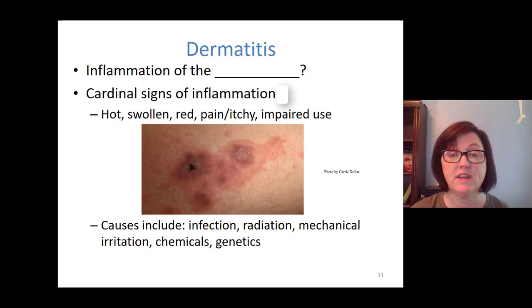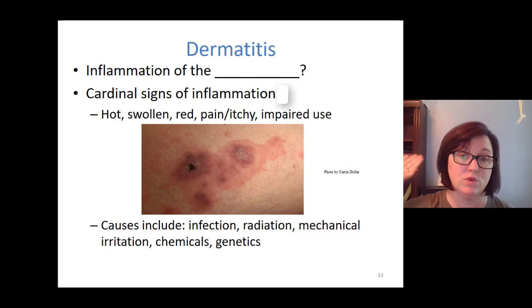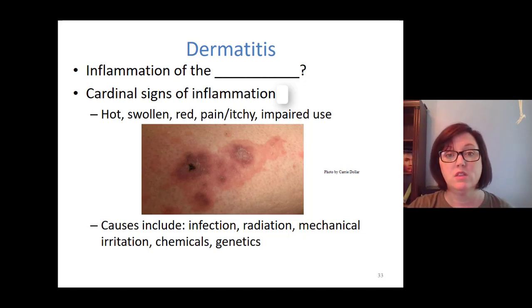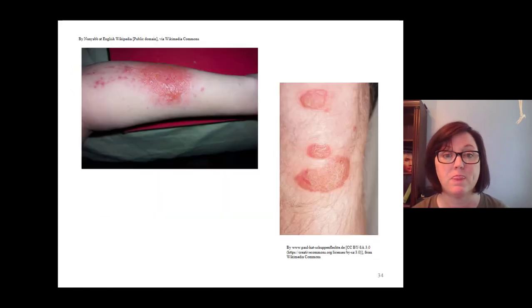You know, you went to go slide into second base and you rubbed along the dirt and you have a painful dermatitis, a scratch from sliding. It can be caused by chemicals like from a plant, like poison ivy. Right? And it can be caused by genetics too. So certain gene mutations will make us susceptible to certain forms of dermatitis.